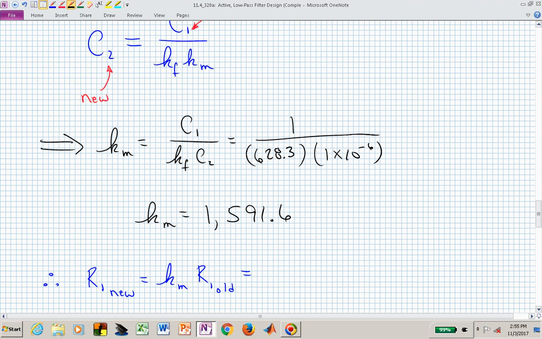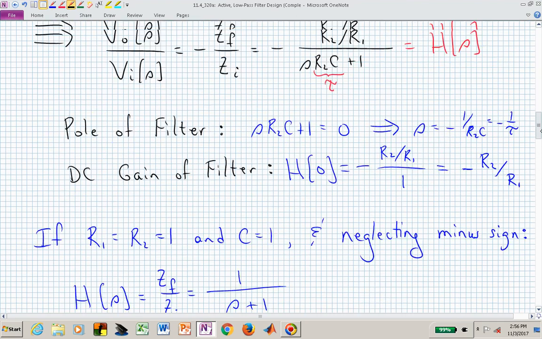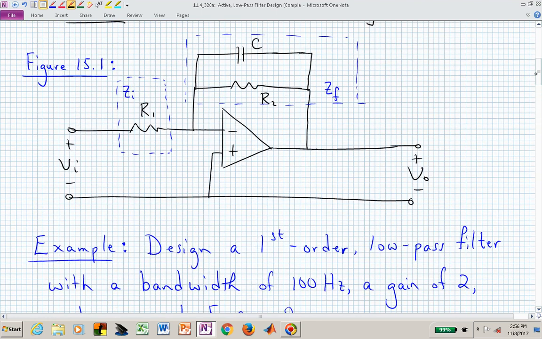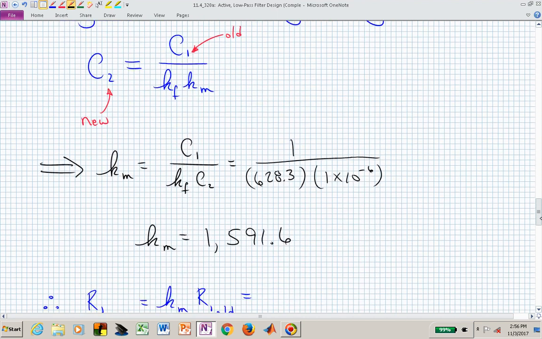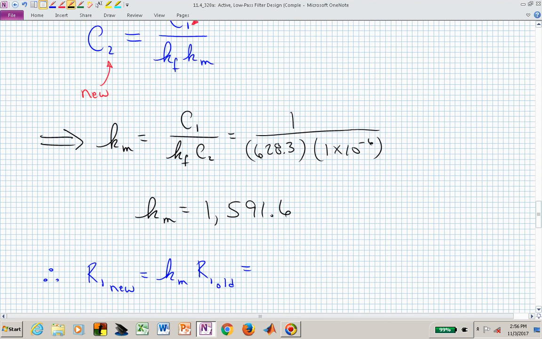So the new R1, that's the input resistor in this circuit, R1, and so that's why we might get confused with R1, R2 being new and old. So let's just say R1 new and R1 old, R2 new and R2 old. What's the new R1? Well, that's just a magnitude scaled old R1, or the scaling is 1591.6 times the old value, which is 1.